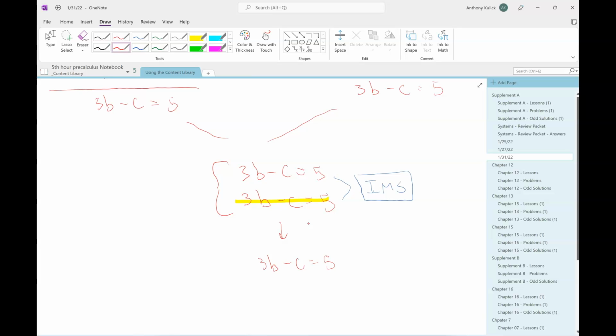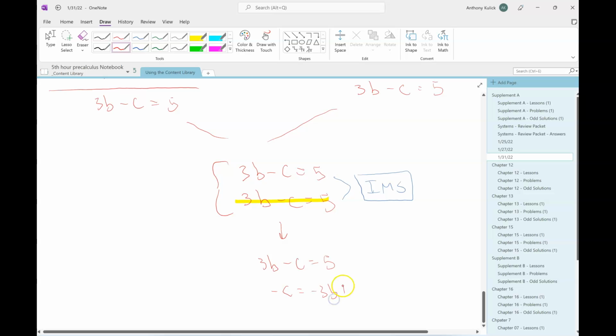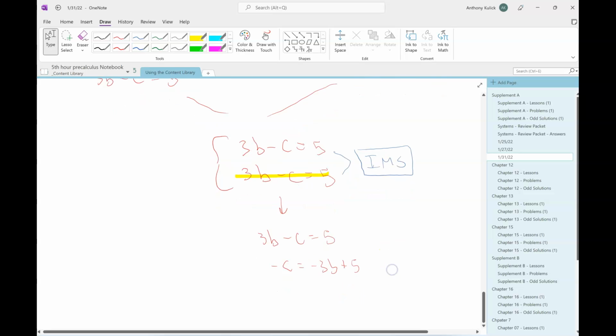In this case, let's get the C by itself. It seems like that would definitely be the easiest route to go because we can avoid any fractions going on there, which again, if possible, that's what I would want to do. Everybody cool? So we'll subtract the 3b over and then divide by the -1.